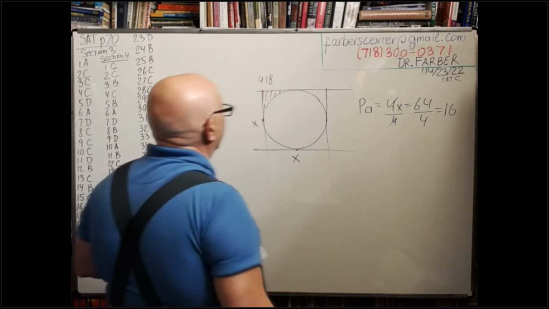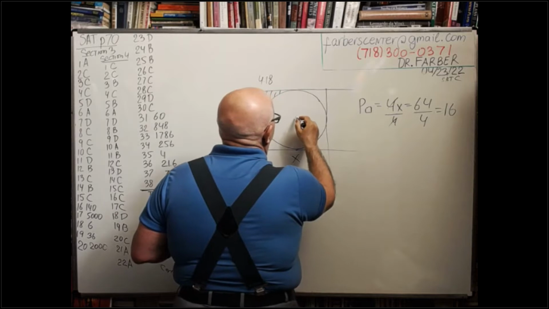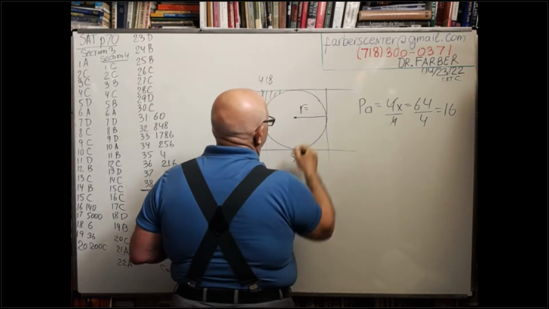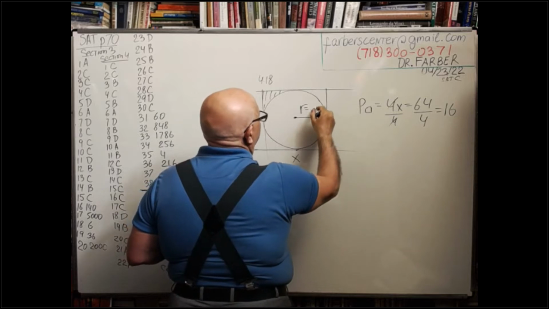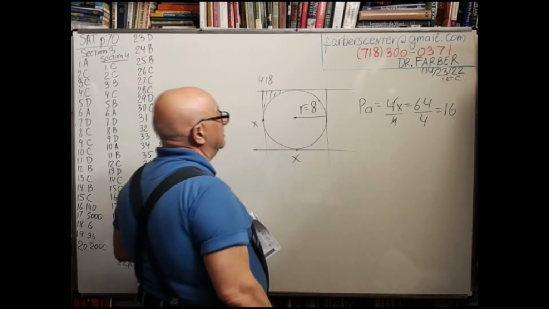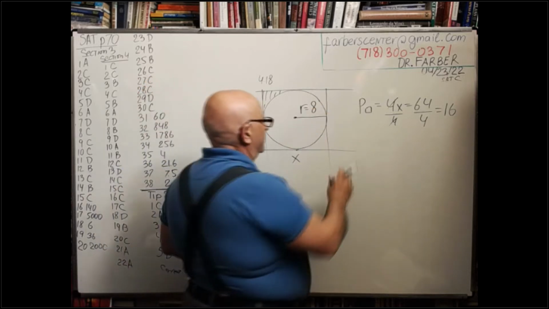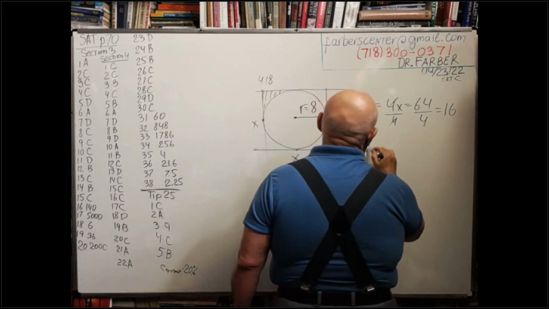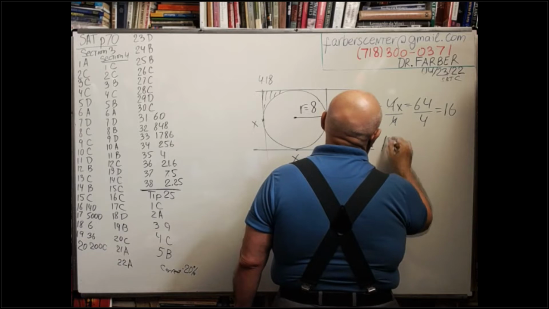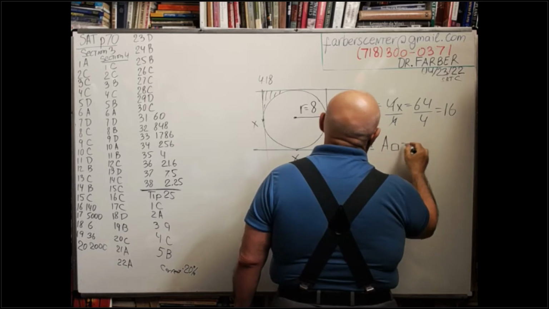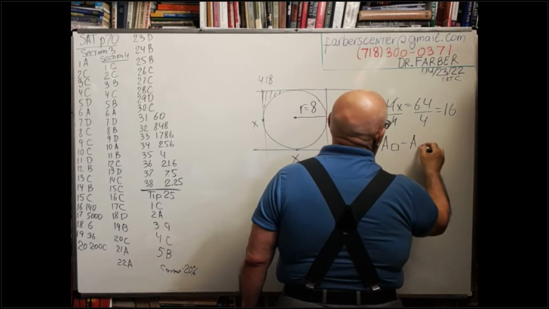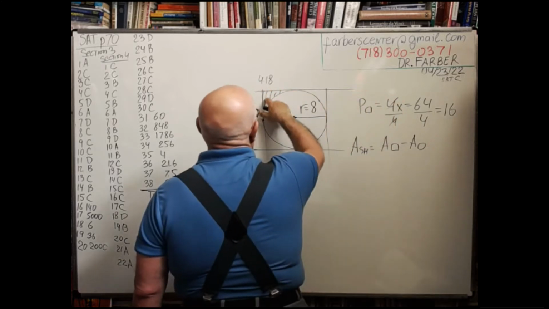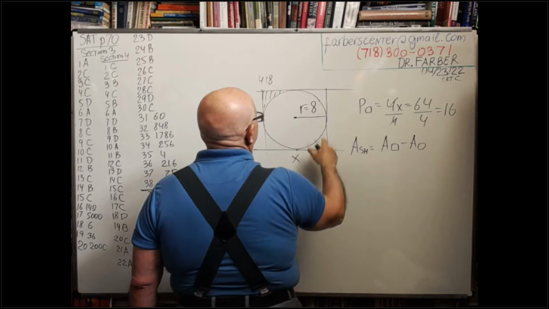Okay, so if x is 16, the diameter is 16, so the radius equals 8. And the area shaded equals area of square minus area of circle. Now look at this. We have four pieces like this.